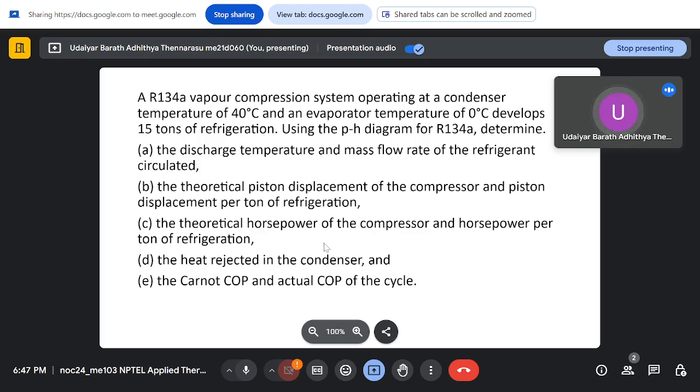An R134A vapor compression system operating at a condenser temperature of 40 degrees Celsius and an evaporator temperature of 0 degrees Celsius develops 15 tons of refrigeration.